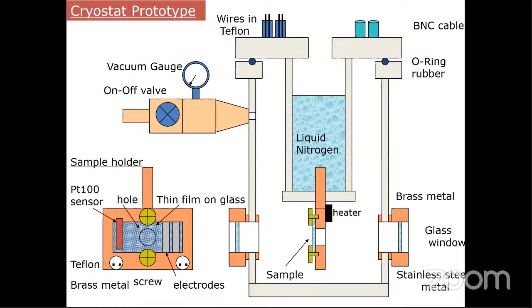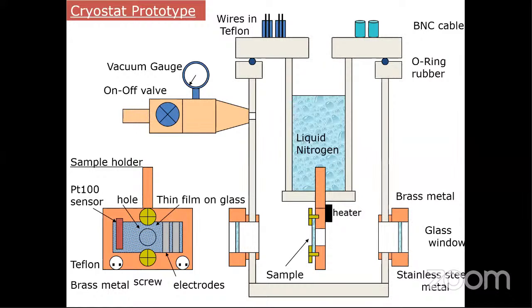There are two cross windows we have used for that purpose. From one end one can send light through a spectrophotometer, and from the other end one can measure the transmittance or absorbance spectra.